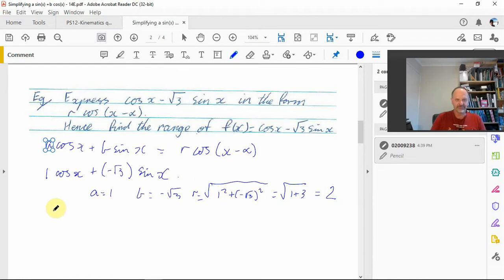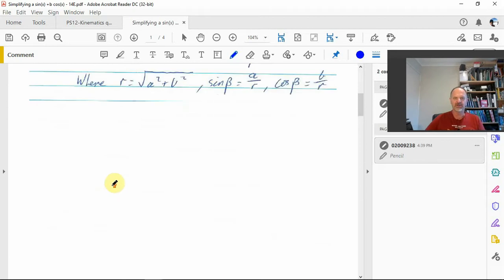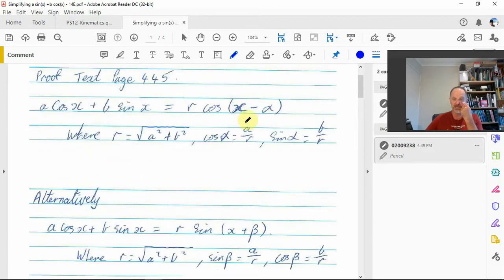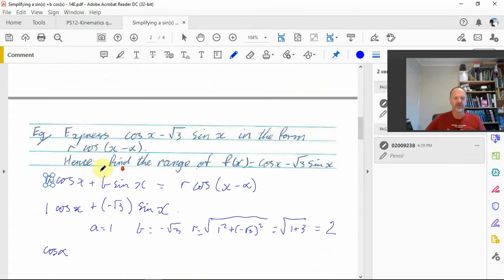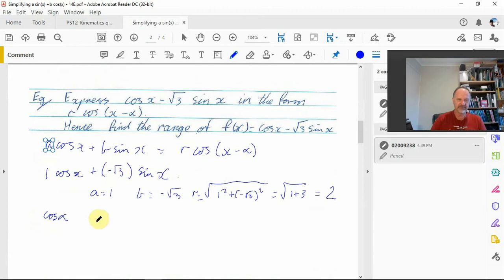Now, cos alpha, when we go back up here, there it is, is a over r. So cos alpha is 1 over 2, and sin alpha is equal to b over r, so negative root 3 over 2.